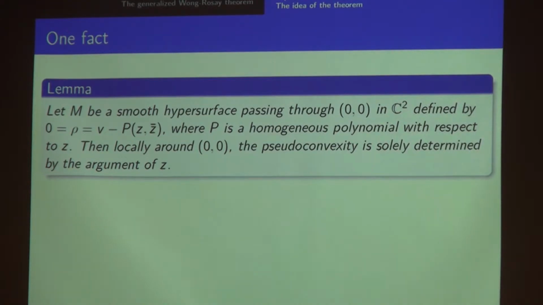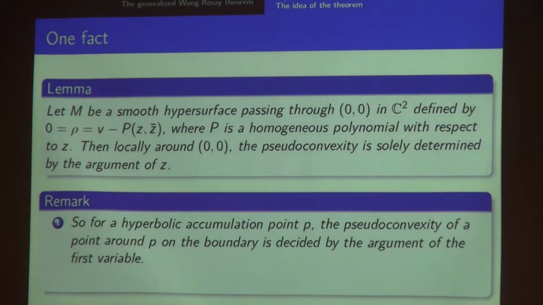There is a lemma, okay, we can call it a fact. There's a fact which is very useful, but also very easy to prove. Why is this defining function nice? Because if you want to study pseudoconvex or pseudoconcave, you can just study the defining function.